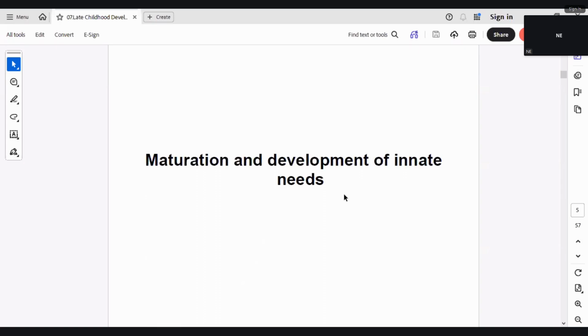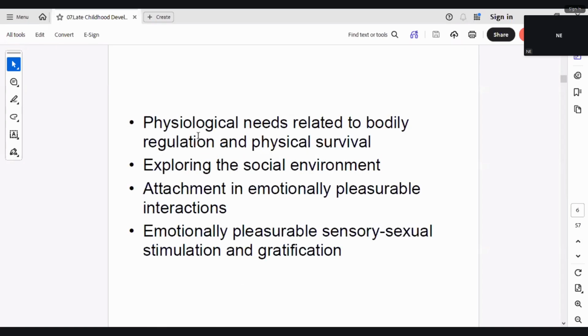The development of innate needs. So physiological needs are really related to bodily regulation and physical survival. So here, they're exploring the social environment, attachment and emotionally pleasurable interactions, friends, teachers, family, emotionally pleasurable sensory sexual stimulation, gratification.